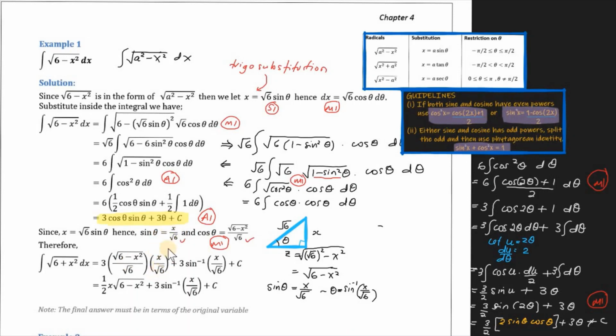And sine theta. This is sine theta. And then 3. Here theta. How to get theta? So if sine theta is this, so meaning theta is the inverse of x on square root 6. So there. And last plus c. So you have to have all this M1 to be able to convert it back into your x values, applying Pythagoras theorem and the property of a trigonometry.